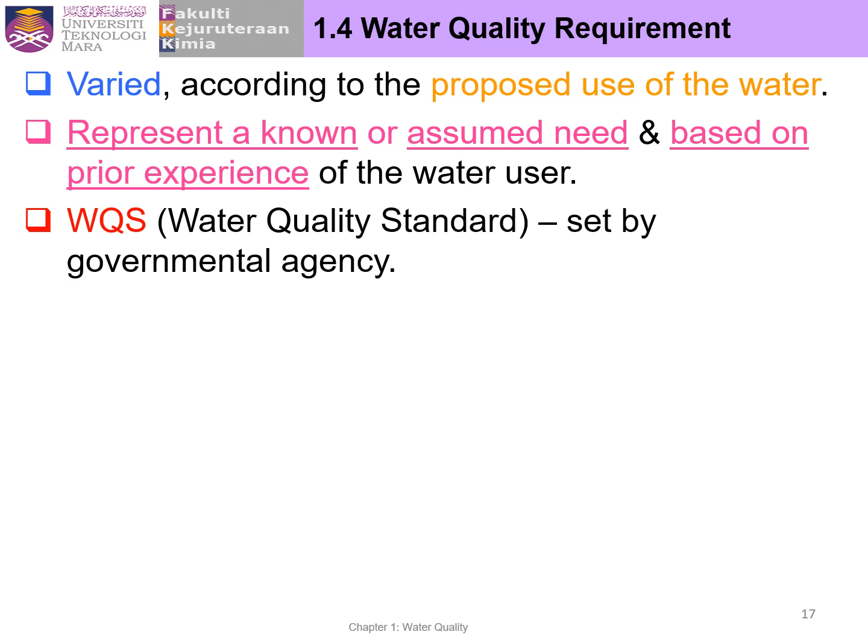In other words, it represents a known or assumed need. As I was saying just now, we have certain requirements, certain criteria that we have to follow so that you can produce good quality water, for example, for drinking purposes. Okay, WQS, this is the water quality standard, usually set by the government.